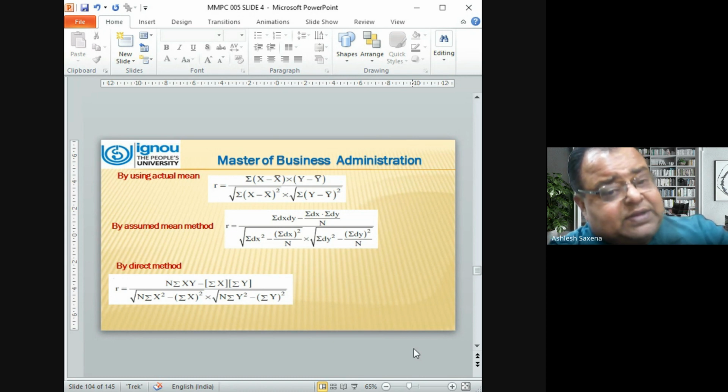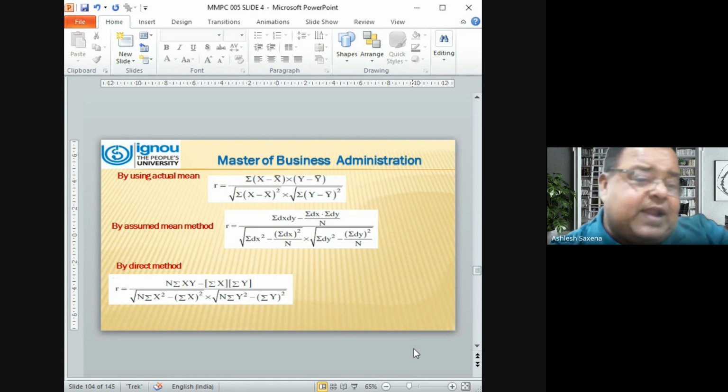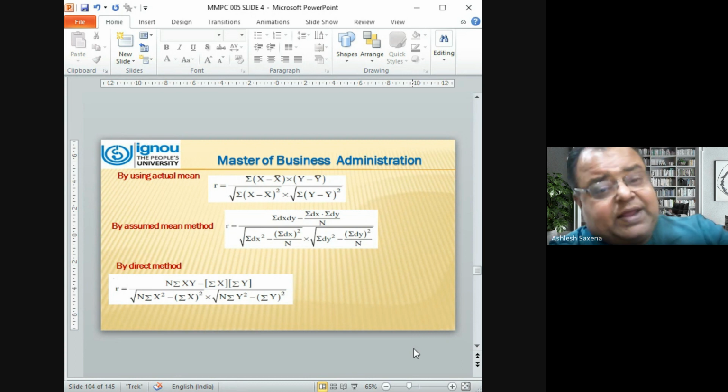Summation dx dy minus summation dx summation dy divided by n, whole divided by under root summation dx square minus summation dx whole square divided by n, into under root summation dy square minus summation dy whole square divided by n. If you are using the direct method, in that case, no dx will be there.